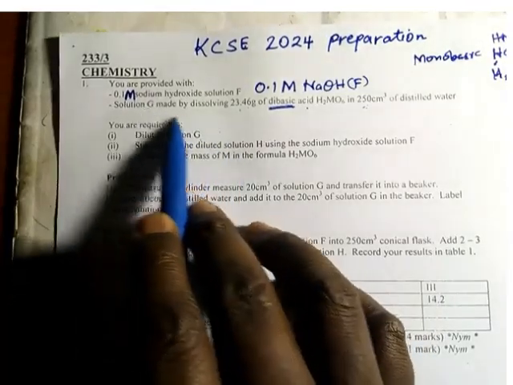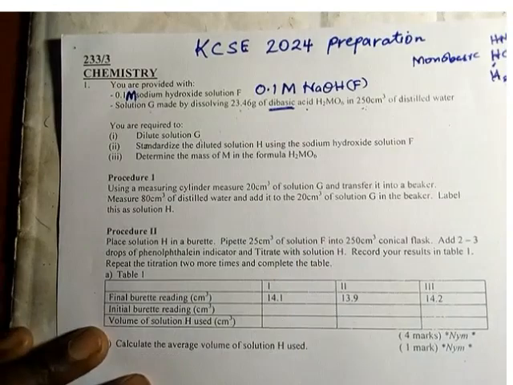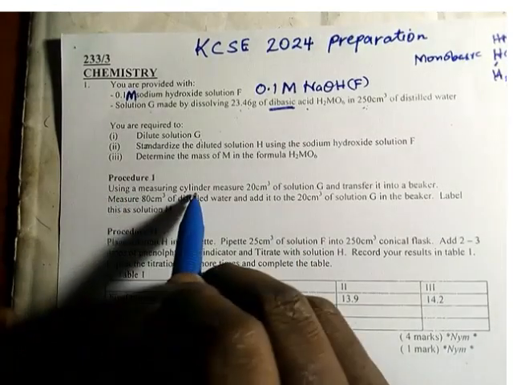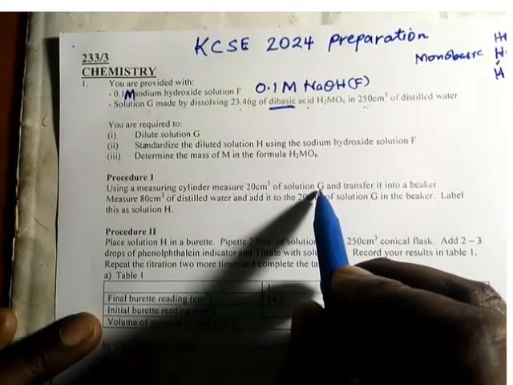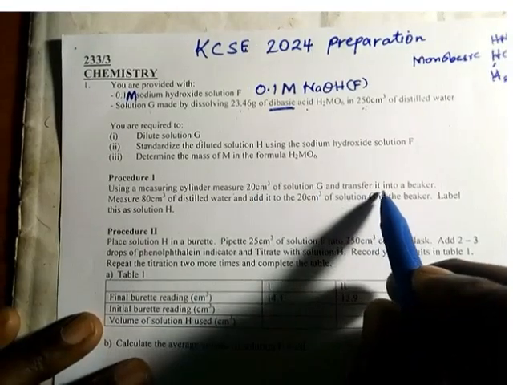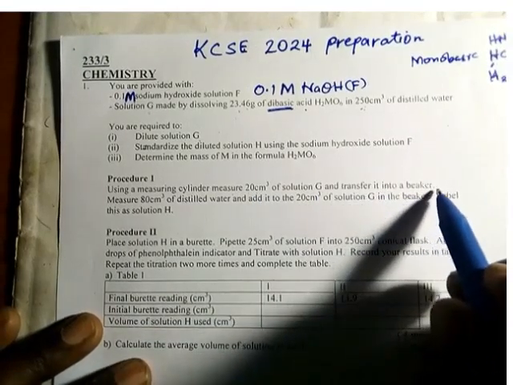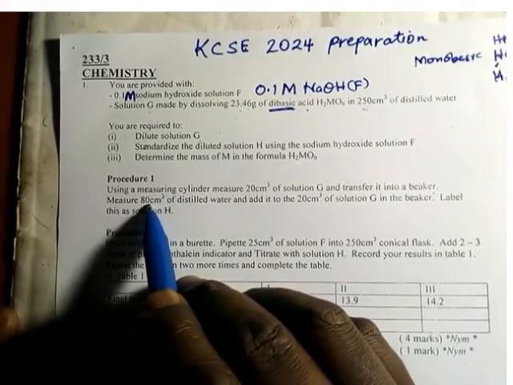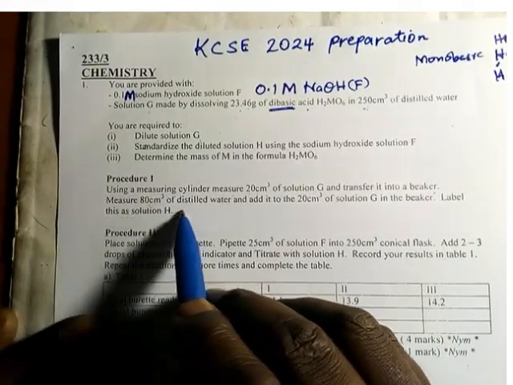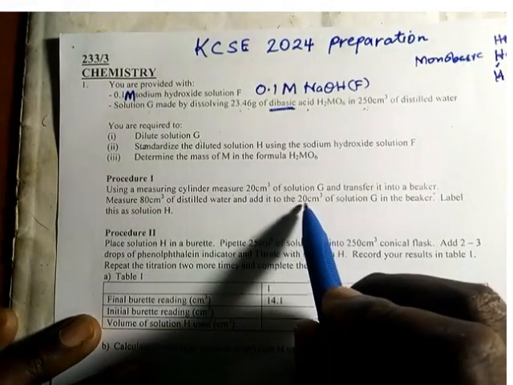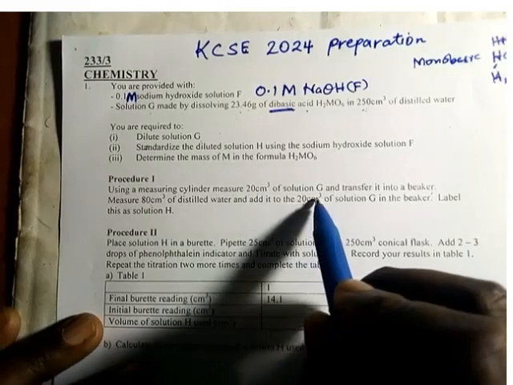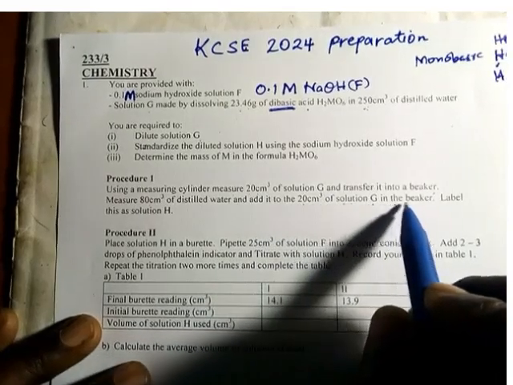Procedure 1: using a measuring cylinder, measure 20 centimeters cube of solution G and transfer it into a beaker. Measure 80 centimeters cube of distilled water and add it to the 20 centimeters cube of solution G in a beaker.